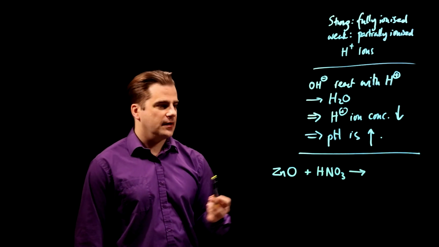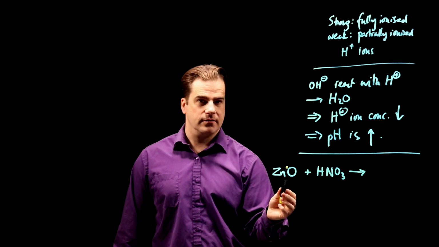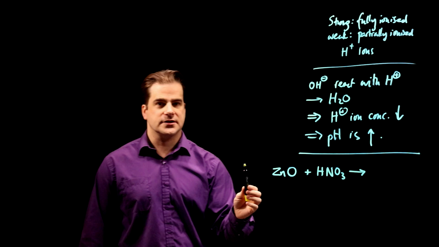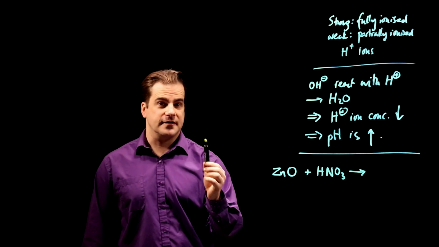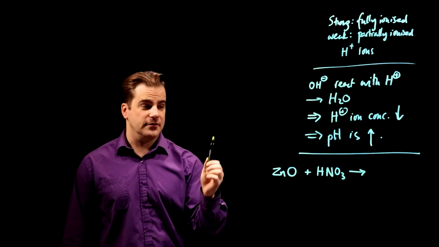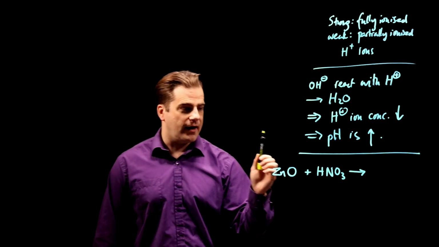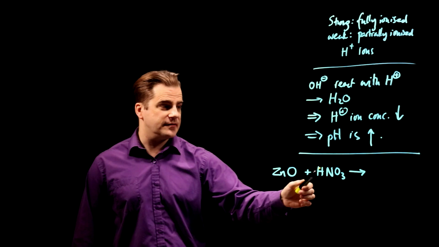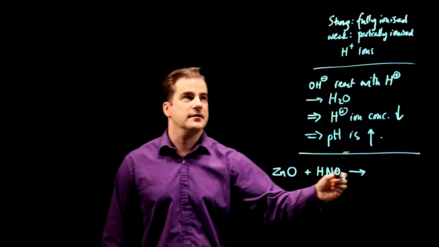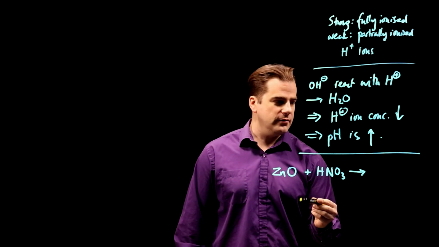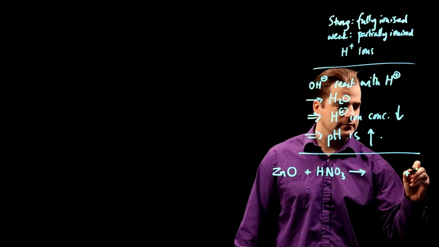Well, that's a base, okay, and that's an acid. It's an acid-base reaction, and you need to know this equation for whenever you mix an acid with a base. Acid plus base always makes salt plus water, okay? Acid plus base goes to salt plus water. So, we've definitely got water here.